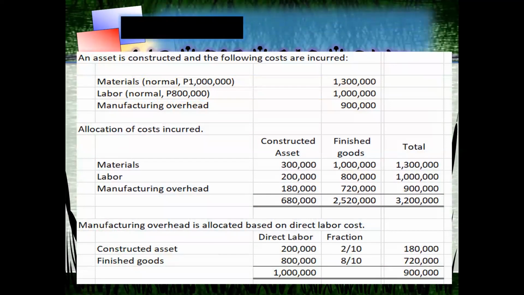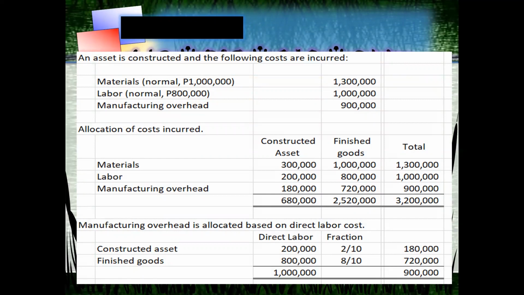Okay? So we have here a sample problem. An asset is constructed and the following costs are incurred. Your materials total 1.3 million. The normal is 1 million. Therefore, of the 1.3 million, 300,000 is attributable to the constructed asset, while 1 million is for the finished goods, the inventory.